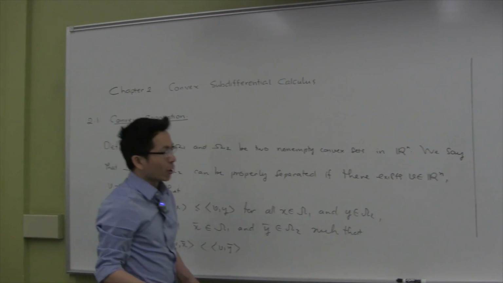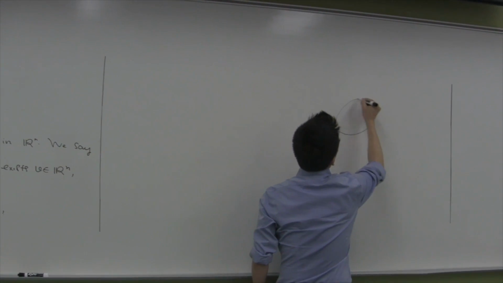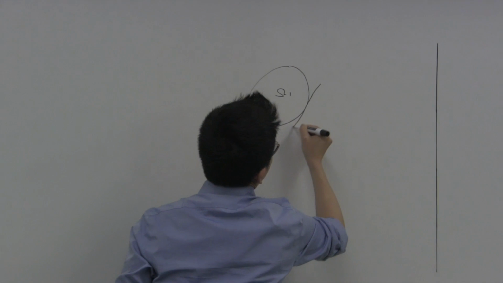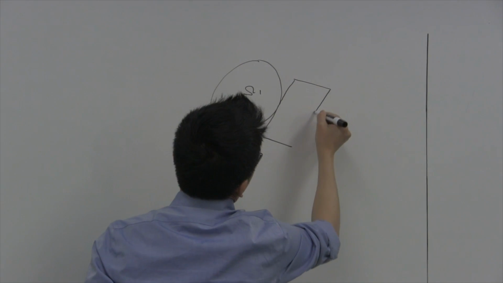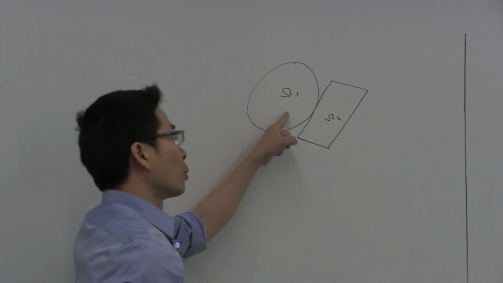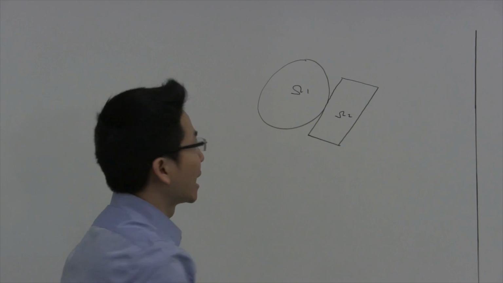So geometrically, this is omega 1 and this is omega 2. Then omega 1 and omega 2 can be properly separated by a hyperplane.